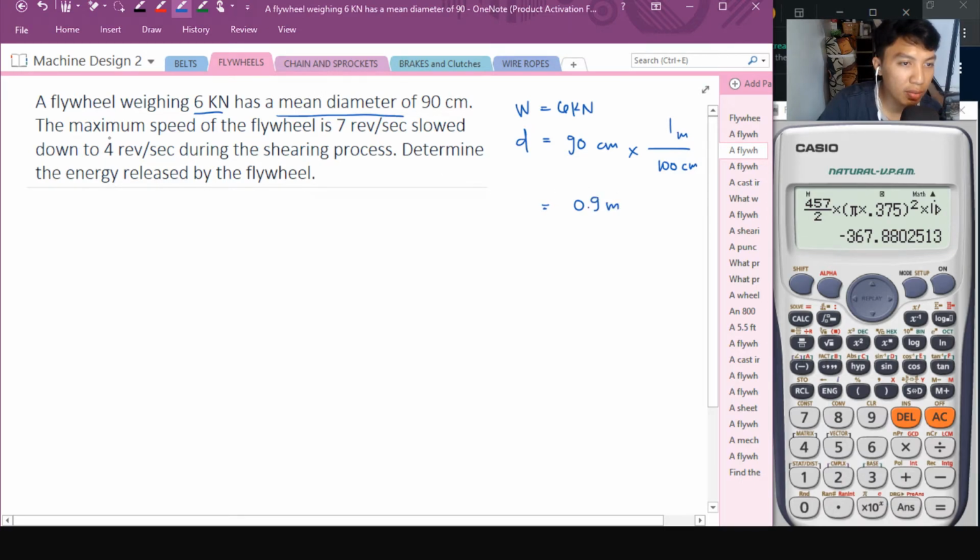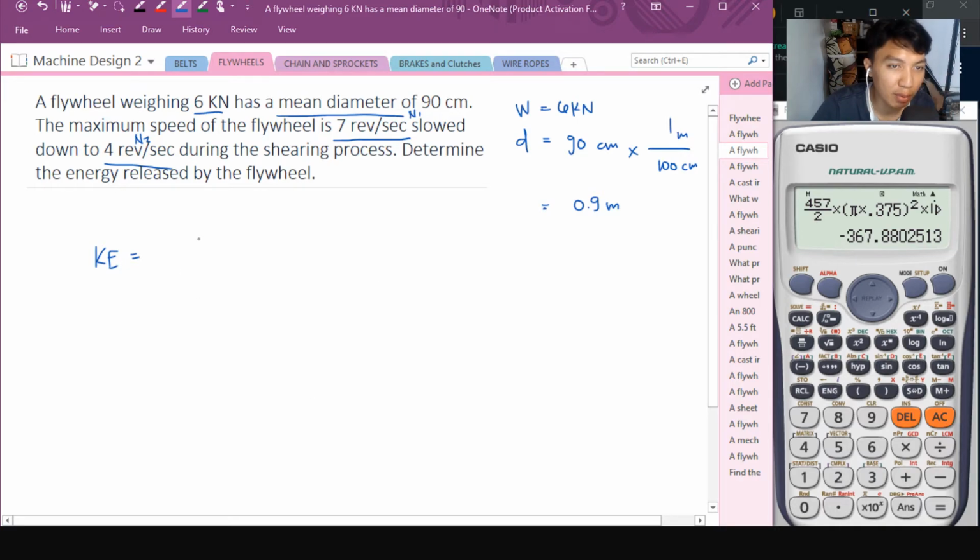The maximum speed of the flywheel is 7 revolutions per second. It's slowed down to, so meron kang N2. Binawasan mo yung speed N1. During the shearing process, determine the energy released by the flywheel. So, kinetic energy. N2, N1. So, binigay niya.